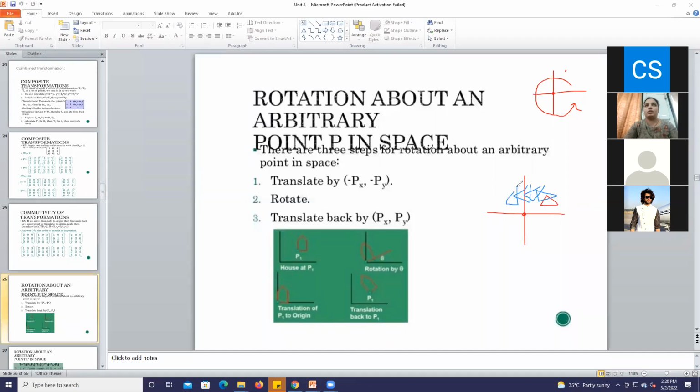How Earth is revolving around Sun, that is called rotation. So this is the rotation about origin. This is our Earth and it is rotating around the Sun.